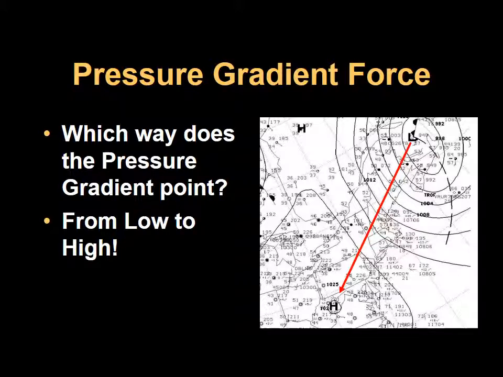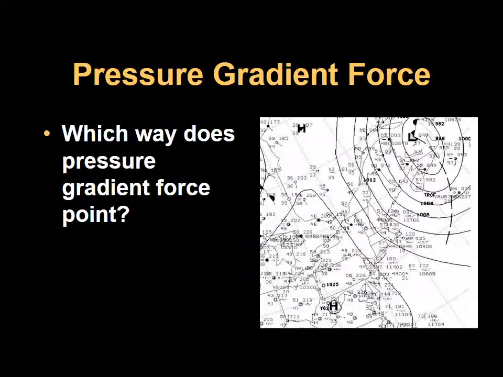Well, if you remember from the last lab, or a couple labs ago, we said that gradients are vectors and they always point towards higher values. So that's what we have here. The pressure gradient points from the low to the high. That's the gradient. But remember that our equation for force had a minus sign in front of it. And that minus sign is really important because it tells us that the force acts in the opposite direction of the gradient.